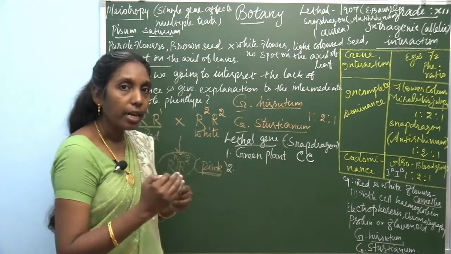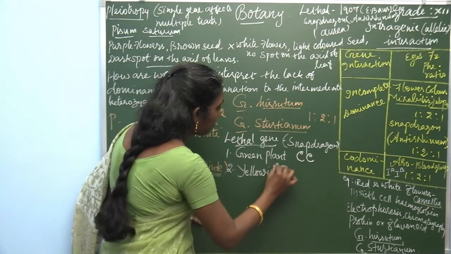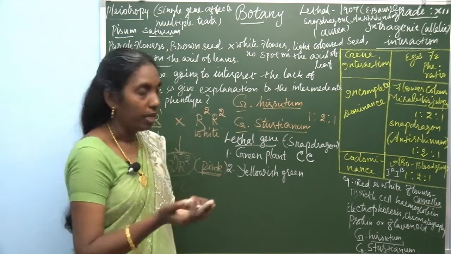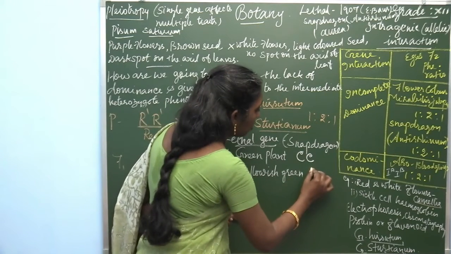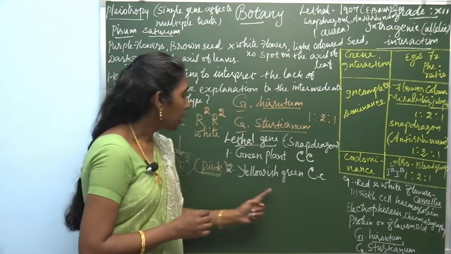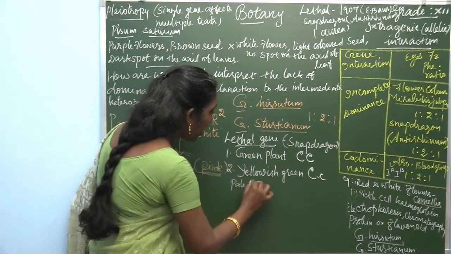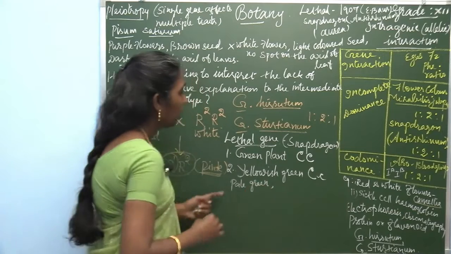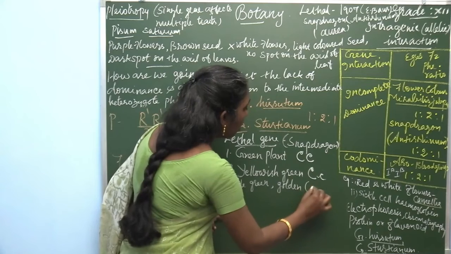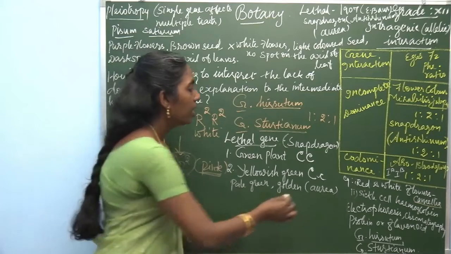The second type of plant is yellowish green, with carotene. Here the allele is capital C, small c. So it gives the color pale green, golden color or aurea.